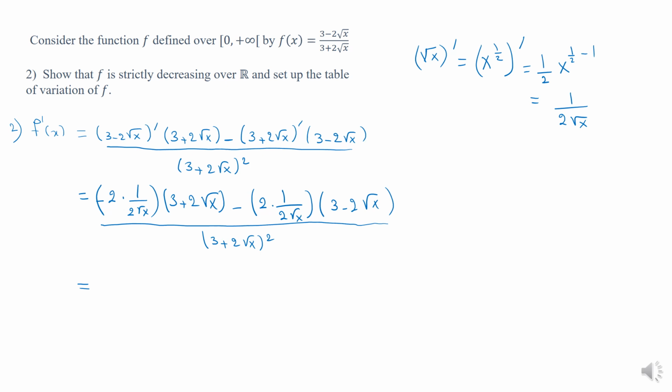This is minus 1 over radical x times 3, so minus 3 over radical x, minus 2.